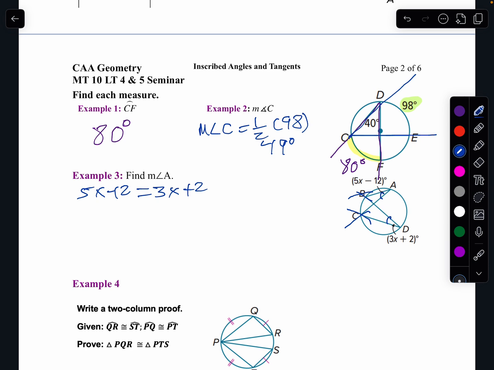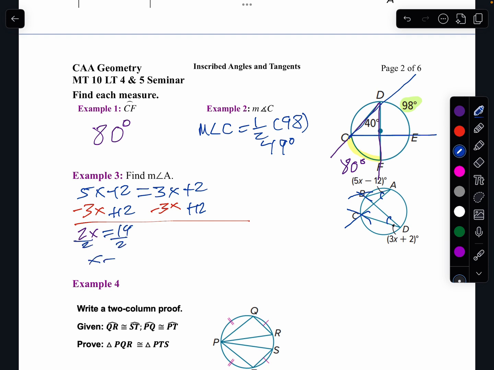When you solve that equation, let's subtract 3x from both sides, and I'll get 2x. Might as well get rid of subtracting 12, so I'll add 12 to both sides. 2x equals 14. Divide by 2.